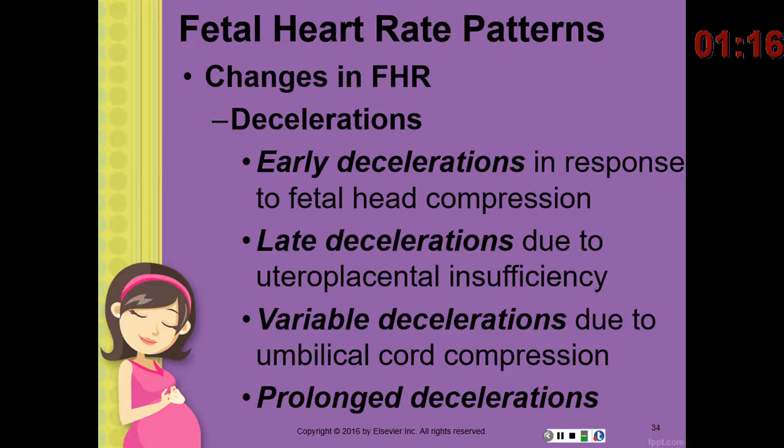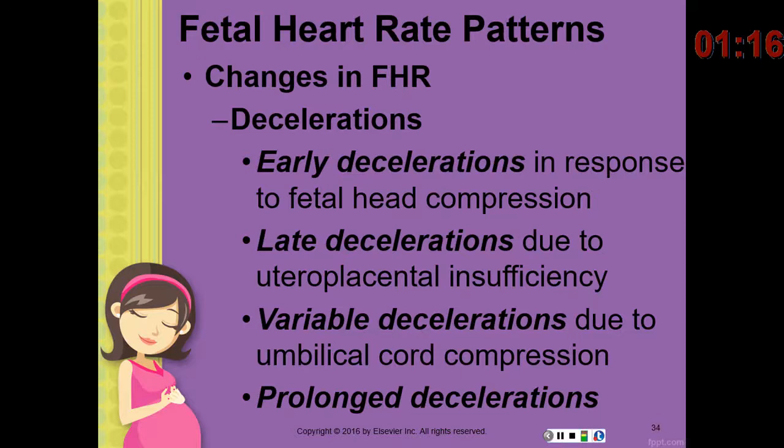Usually they're not a big deal unless you're having really deep variable decelerations quite often. Box 18-6, page 423 is a good explanation. And again, it's just more of a quick drop, and they don't necessarily happen with contractions. They can happen anywhere. Okay?